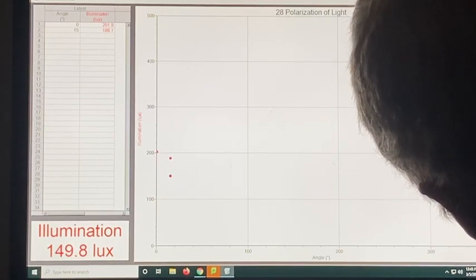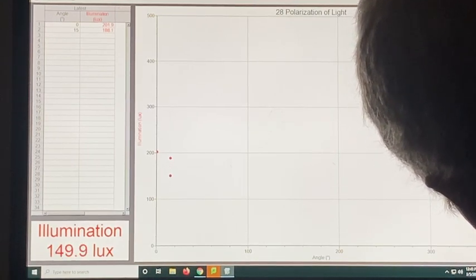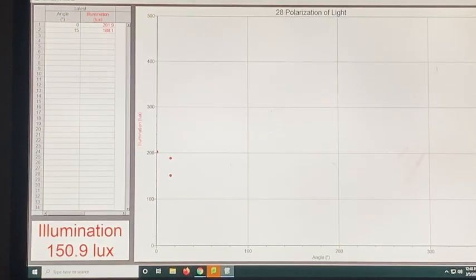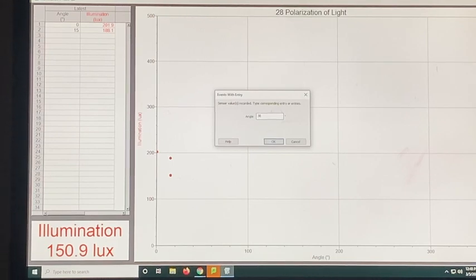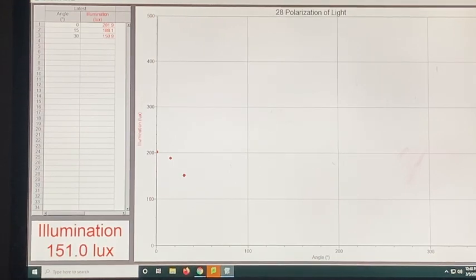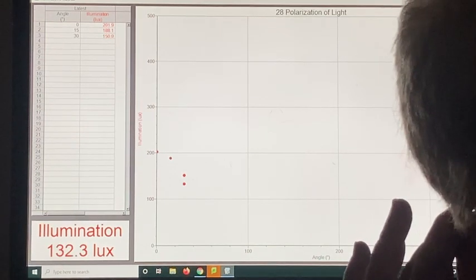Notice how as I rotate one, I'm keeping the first one fixed at 0. Okay. Then I'll go to 45. I'm just going in 15 degree intervals.